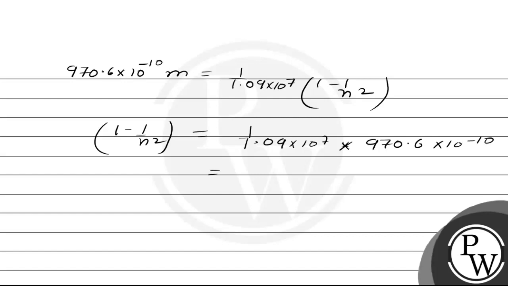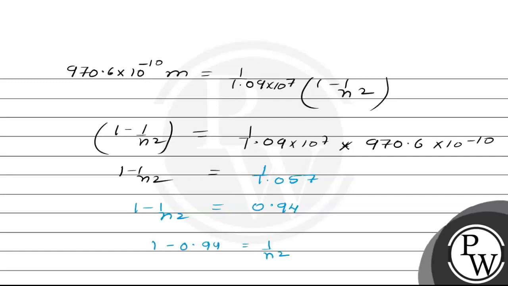And on solving, this term will be 1.057, and the reciprocal is 0.94, and from here 1 minus 0.94 equals 1 upon n square.